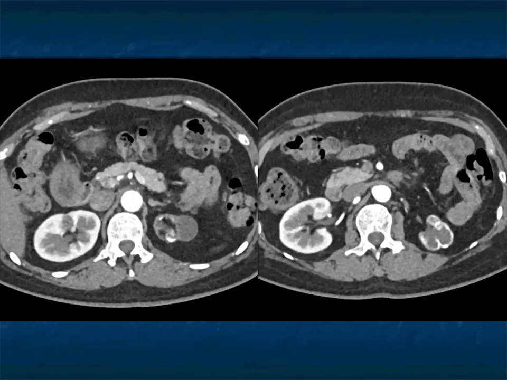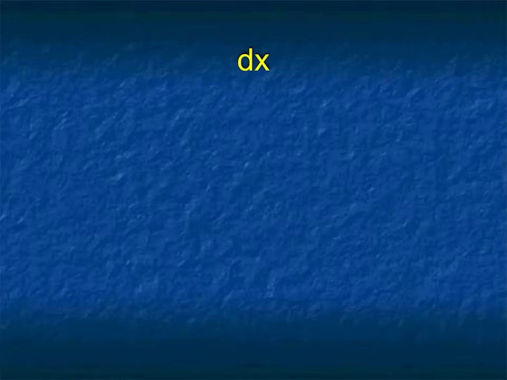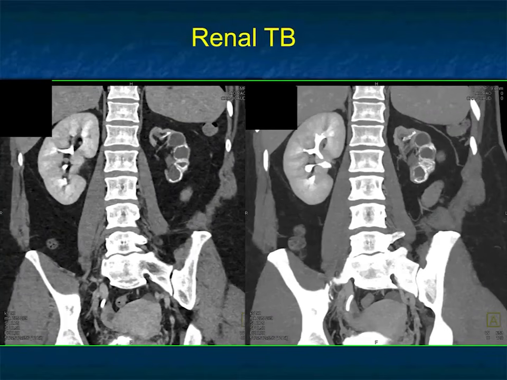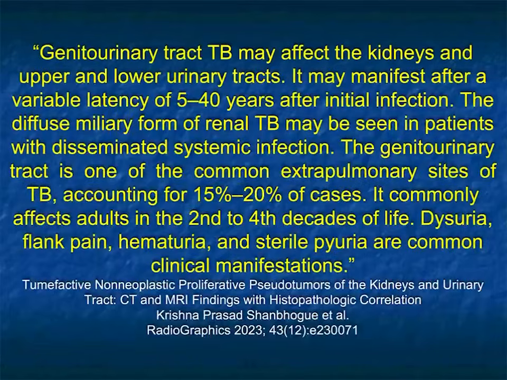You got to think infection. You could think infarction. If you think infection, it's not really the look you get with pyelo from E. coli or something like that. What it is classic for is renal TB. Small kidney, rim-like calcifications is a very classic appearance for TB of the kidney.